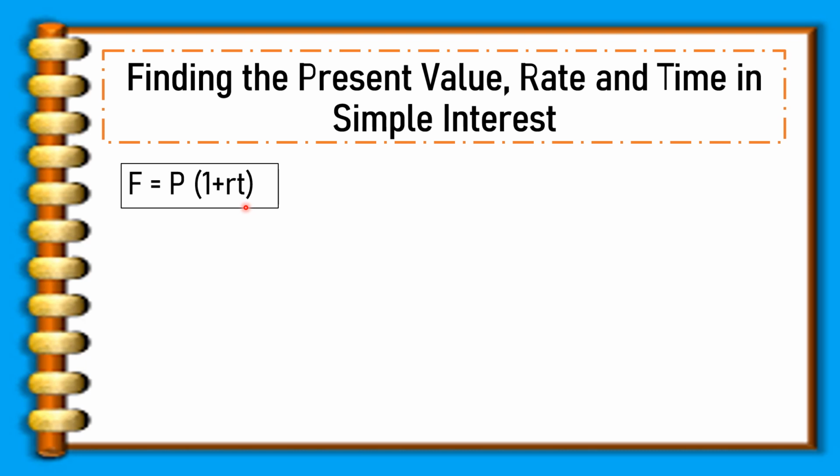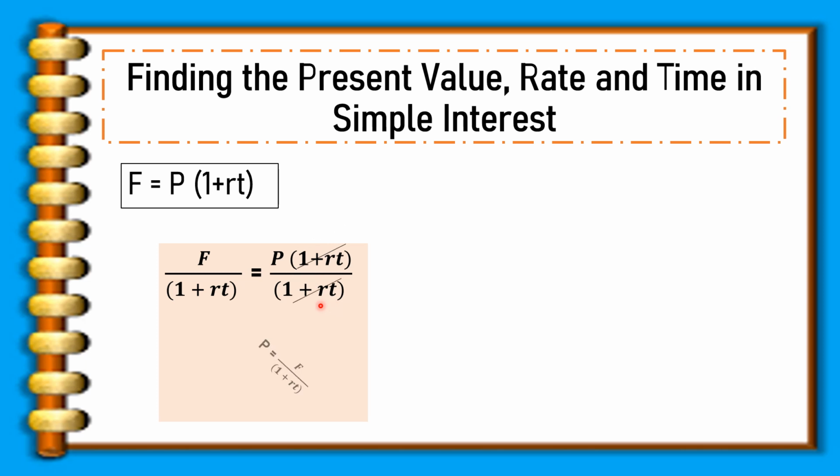And if your goal is to find the present value, particularly capital letter P, you will divide both sides by quantity 1 plus RT. So P quantity 1 plus RT divided by quantity 1 plus RT is P equals F over 1 plus RT.